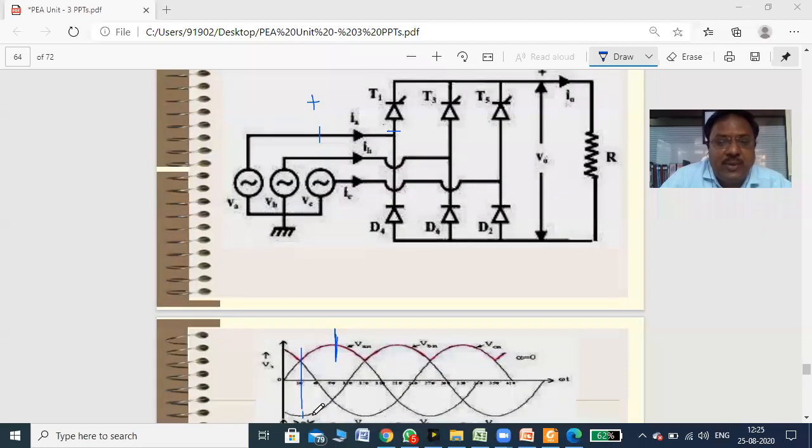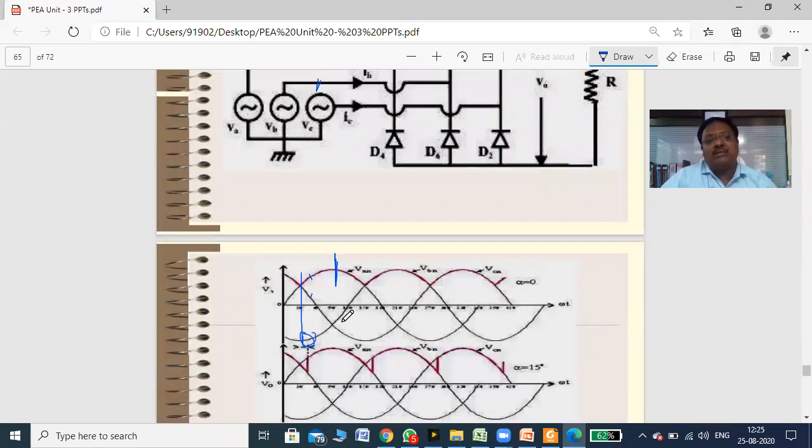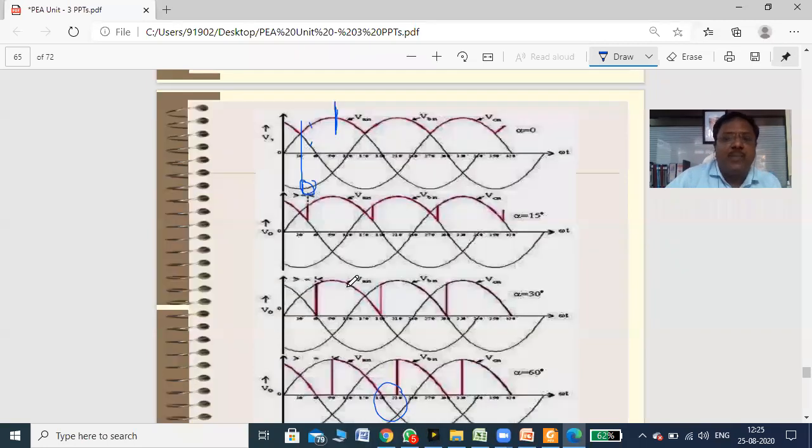If phase B is negative, it means phase B is more negative. Actually, phase C is also positive. You can see here, phase C is positive, phase A is positive, only phase B is negative, right? So with the help of this waveform, only one phase is most negative and only one phase is most positive at any instant, right?